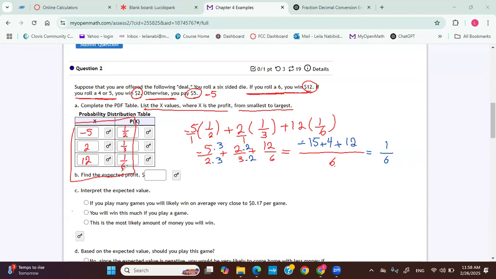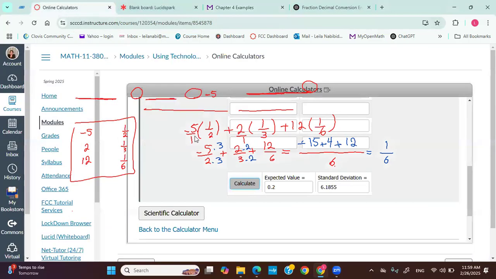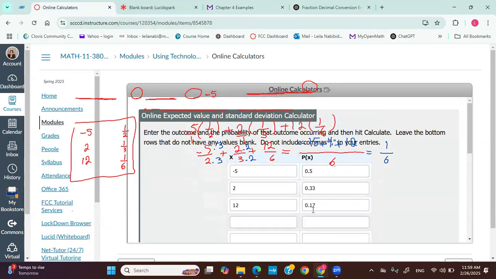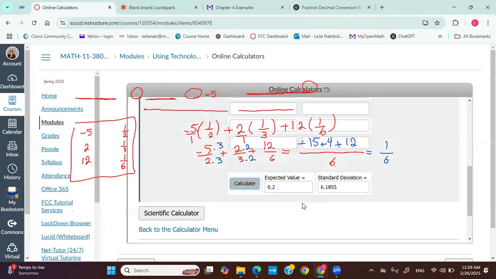So if you want to round it to a number, you probably get a different number, and it may be different and it marks you wrong. So you see it's 0.166666, which is exactly the answer for 1/6. But when I used the online calculator, it gave me 0.2 because it rounds those numbers, and the rounding will change the expected value here.